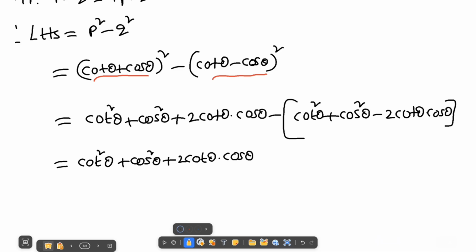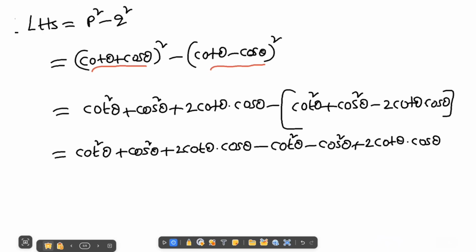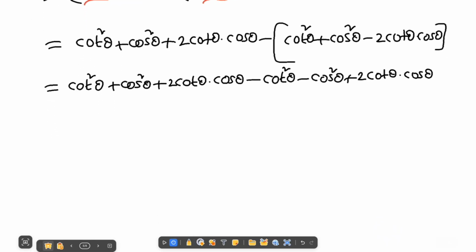Send minus inside, minus cot square theta minus cos square theta plus 2 cot theta into cos theta. Now I think cancellations are possible.